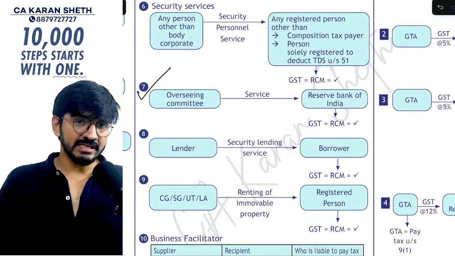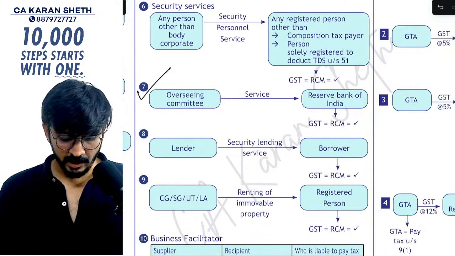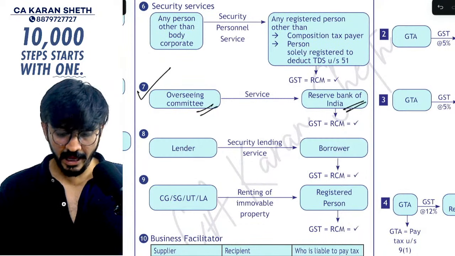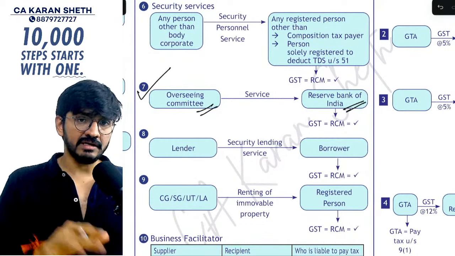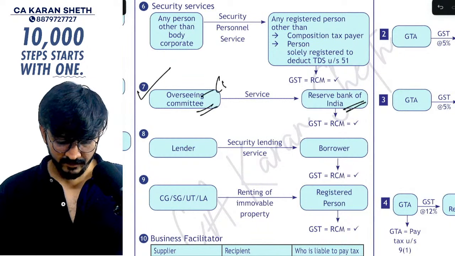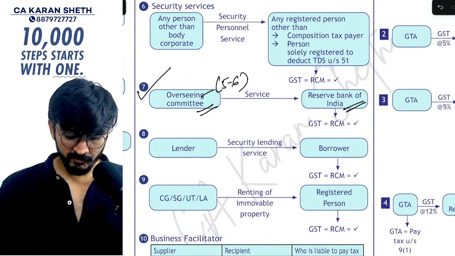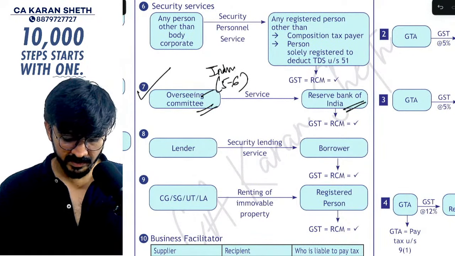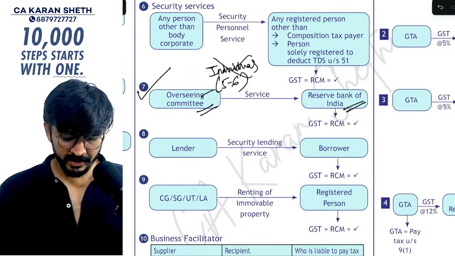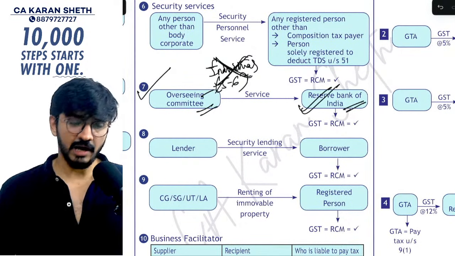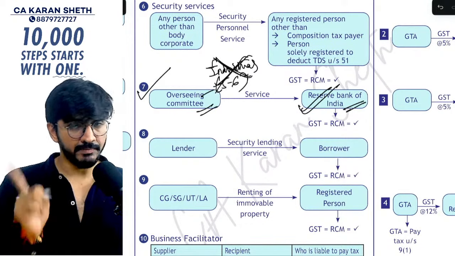These overseeing committee members will consult RBI on debt restructuring matters. Since they are individuals, government says there is no point giving compliance to them. RBI will only pay tax as per RCM.